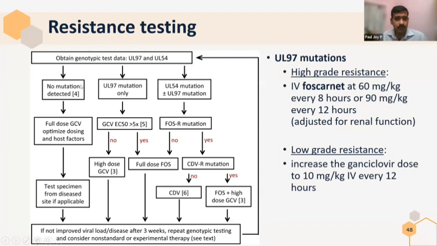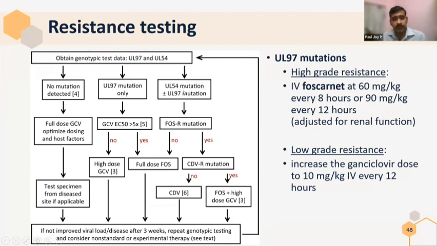And if there is no mutation detected, continue full dose ganciclovir. And if there is only UL97 mutation noted, you have to look for sensitivity to ganciclovir. If it is only low level resistance, then high dose ganciclovir can be continued. And if it is high level ganciclovir resistant, then shift to foscarnet.